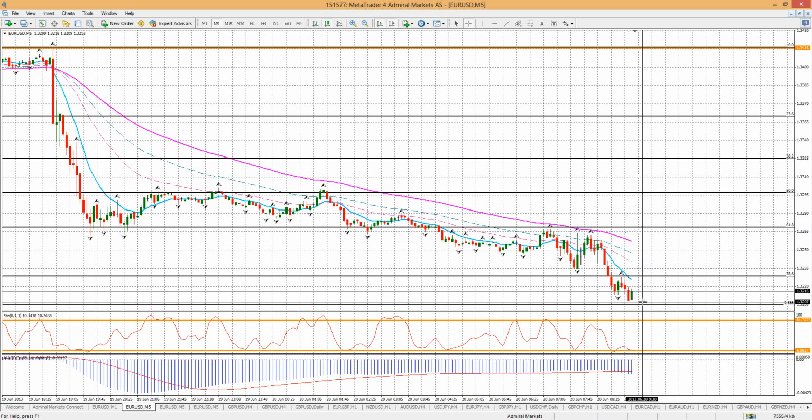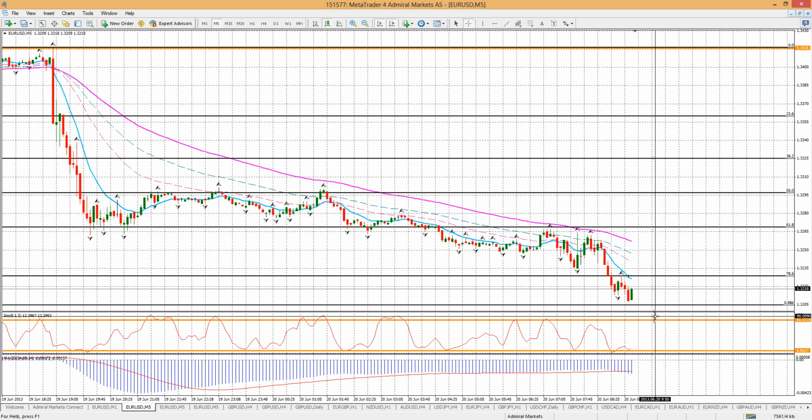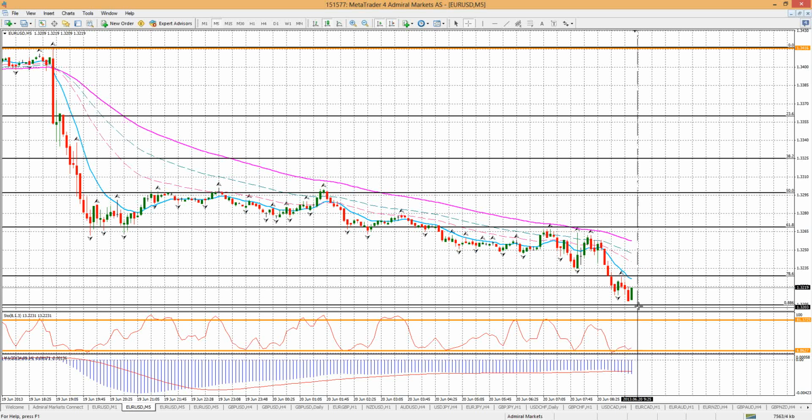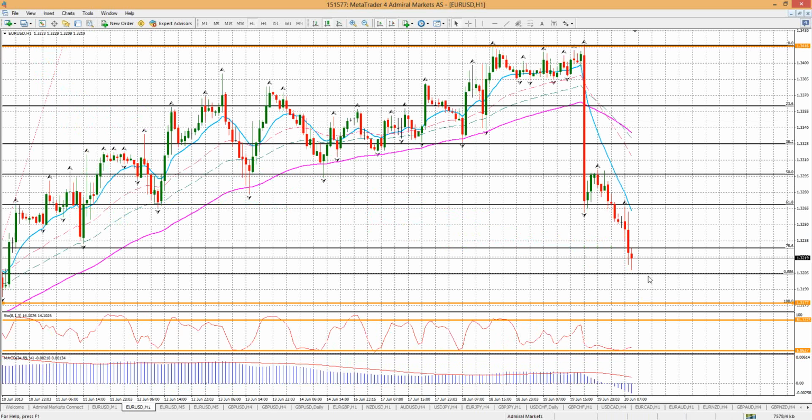Let's see, 132.60. 60 pips to this 886. Looks like we're respecting the 886 here at the moment, because you can see already some of that small power here, but who knows. Let's see if the 1 hour chart will really tell if we get a bounce off that 886 or not.